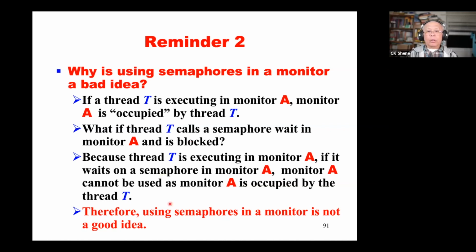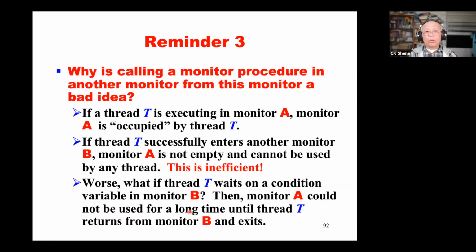So using semaphores in a monitor is not a good idea. Most systems simply refuse to allow you to declare a semaphore inside the monitor because you can use condition variable. So by the same idea, you should be able to understand this fairly easily.